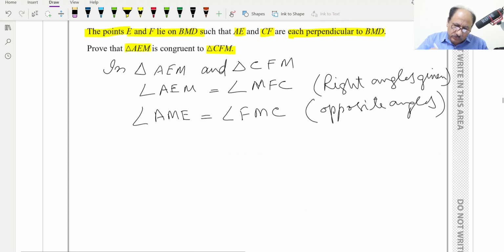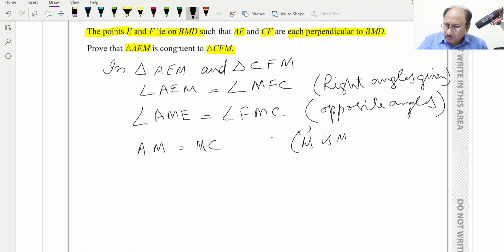So I will write AM is equal to MC, and M is the midpoint of AC. So two angles and one side, so the angle-angle-side theorem.